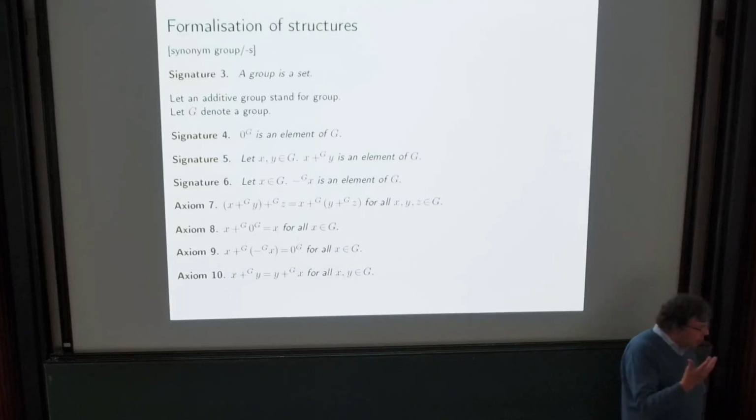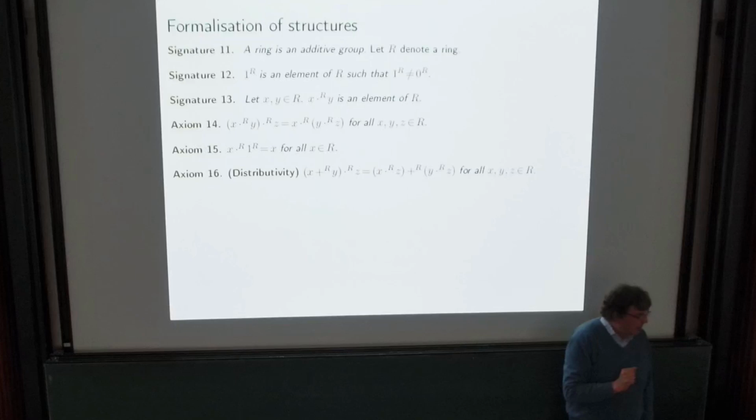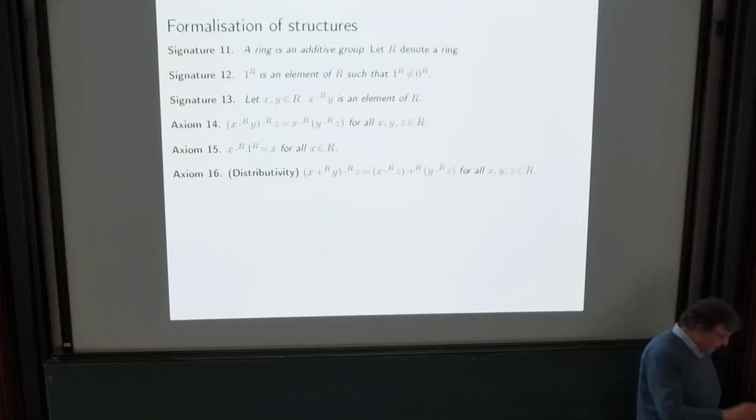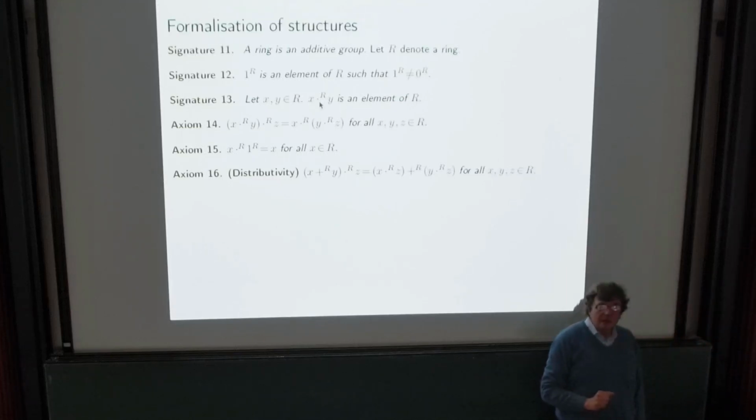So how does that go on, this working with structures? Well, we can say a ring is a group, or I said additive group, perhaps on the previous slide somewhere. And then this ring brings along its own things, like its own one, its own operation here, and axioms with that.